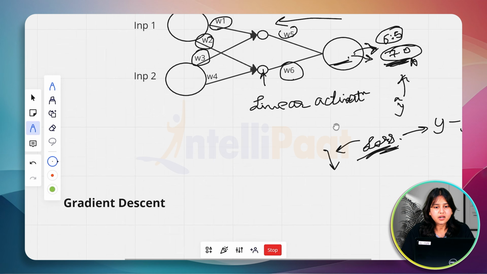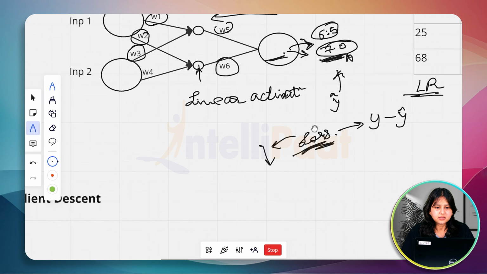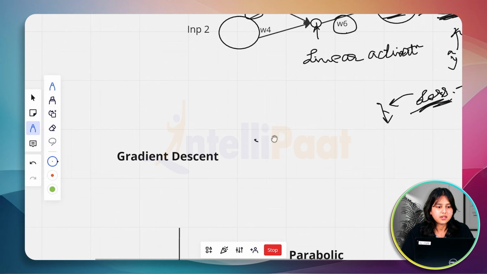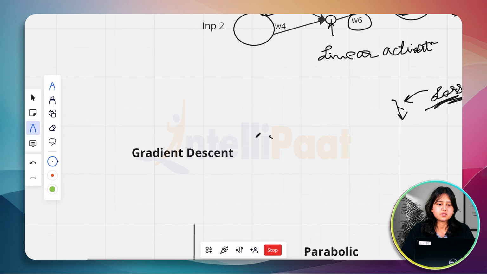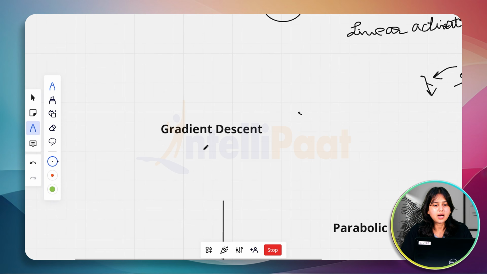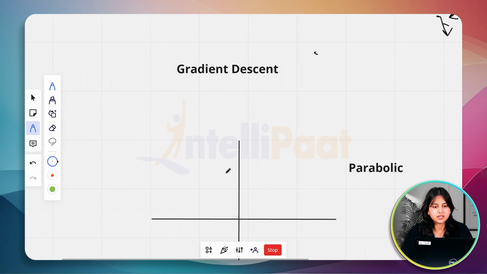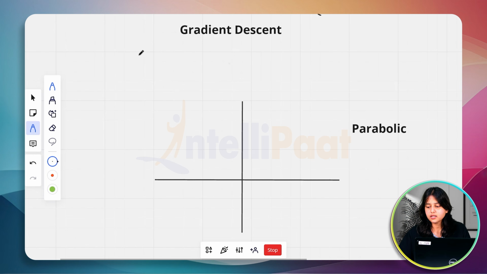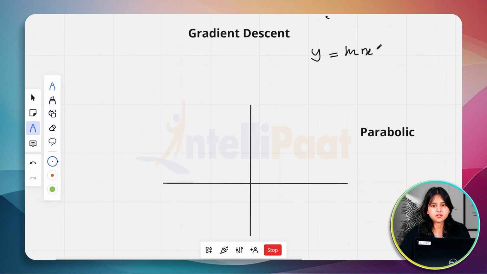So let's go ahead and understand our optimizers. First one would be gradient descent. This is what we covered in our backpropagation video. You can go ahead and check it out. So what happens in gradient descent basically is, let's say we have a basic equation mx plus c, right? This is our y hat.